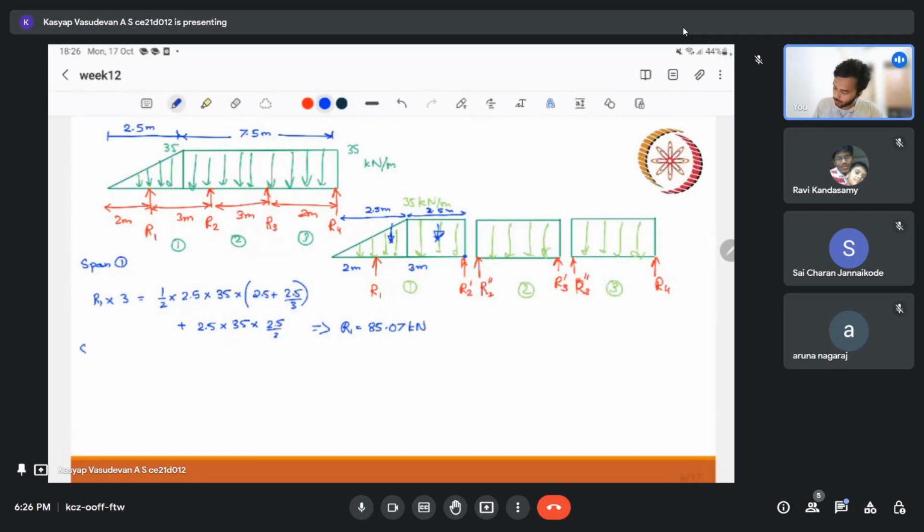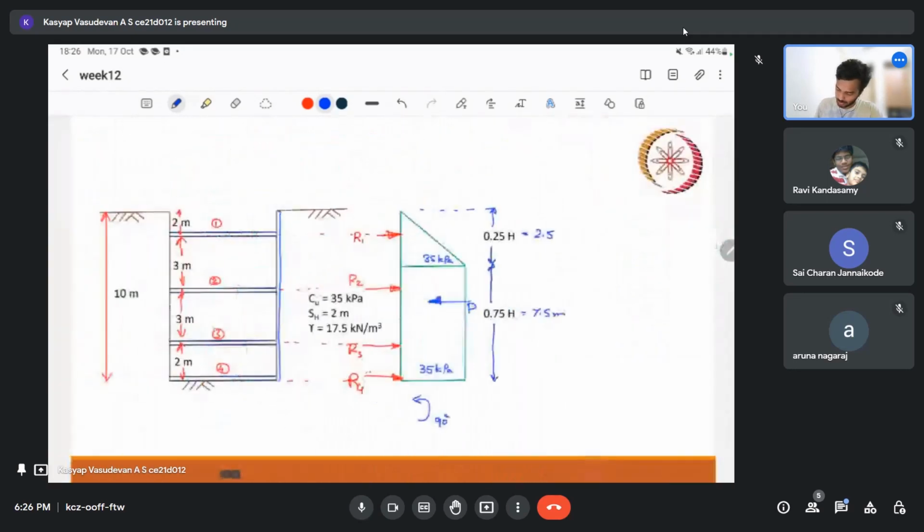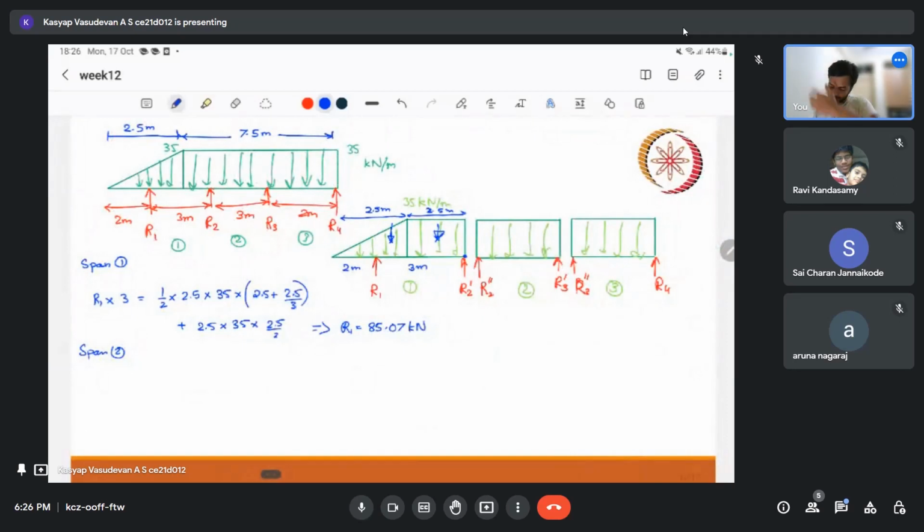Similarly, for span 2. Before we go to span 2, R2 dash. R2 dash is equal to the total load.